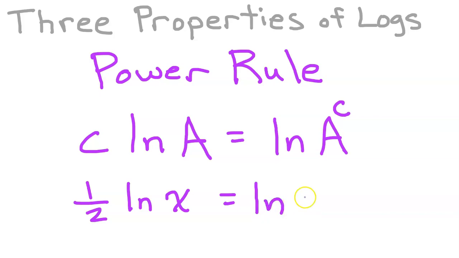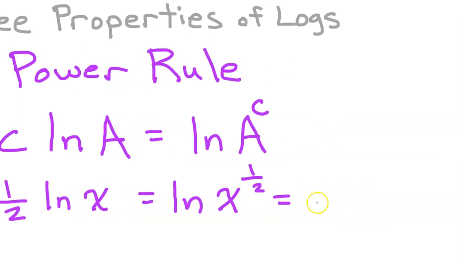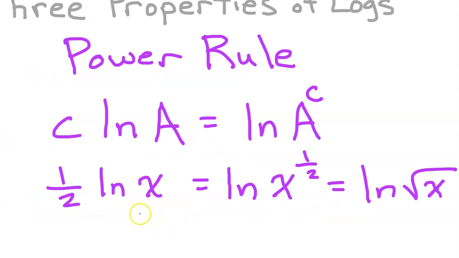So this would be the same as the log of x to the 1/2 power. And just for fun, let's remember that the 1/2 power is the same as the square root. In this form, when we go from having the multiplier in the front to suddenly having it as the exponent, this is considered condensing.